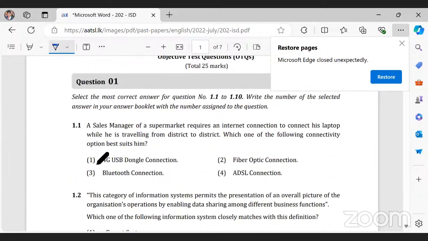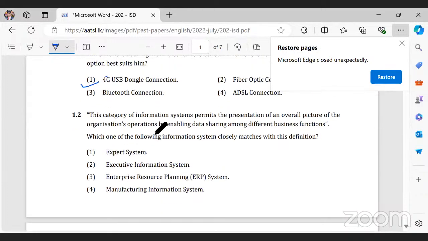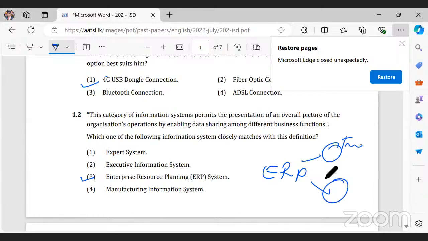I will mark those on the paper. The first one is the USB connection. The second one is the enterprise resource planning system. If you can remember, in ERP different modules are there. This is the finance module, this is manufacturing, and this is the HR module, like that. These are cross-module functionality. Then this is the enterprise resource planning system.